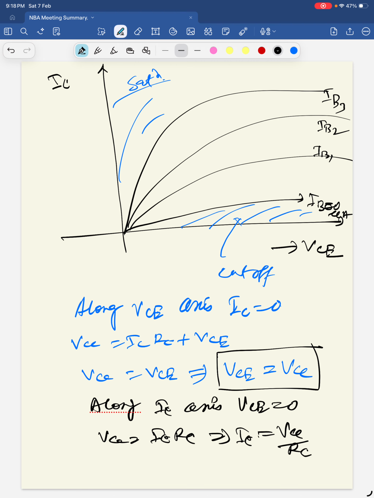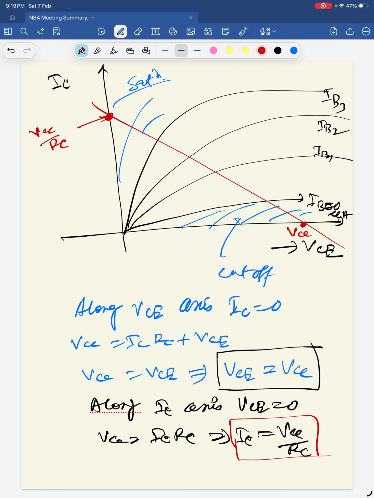Say for example, take the red line. Suppose this point indicating VCE is equal to VCC. And this is one more expression, the most important expression: IC is equal to VCC by RC. So this point is VCC by RC.